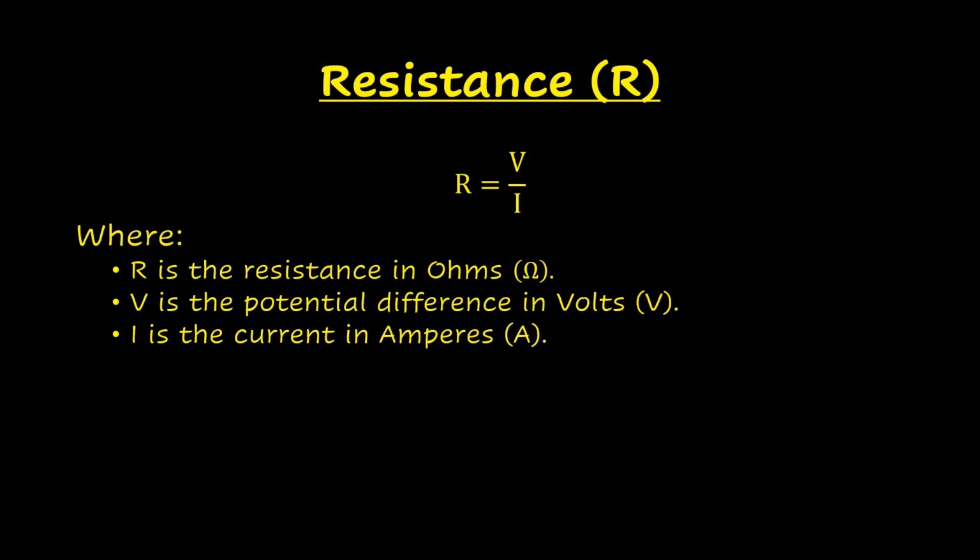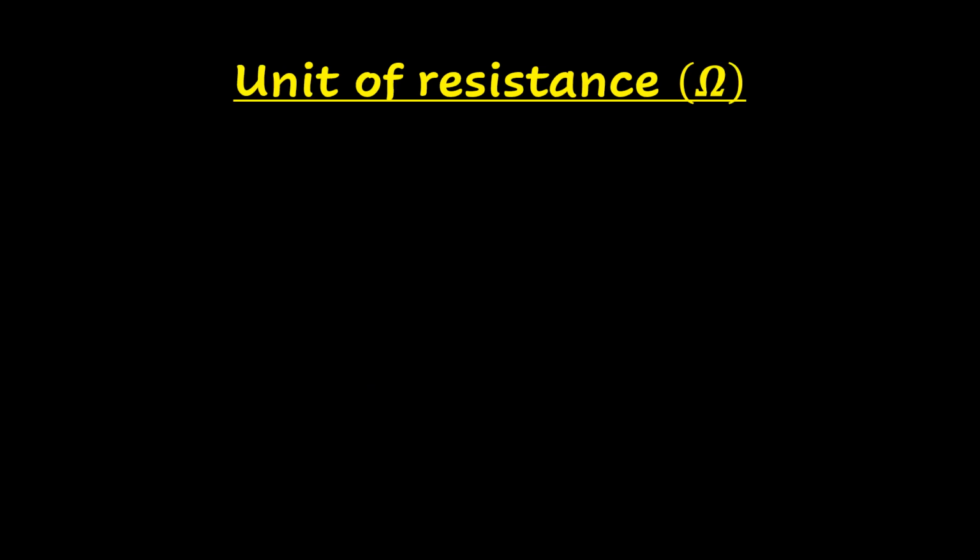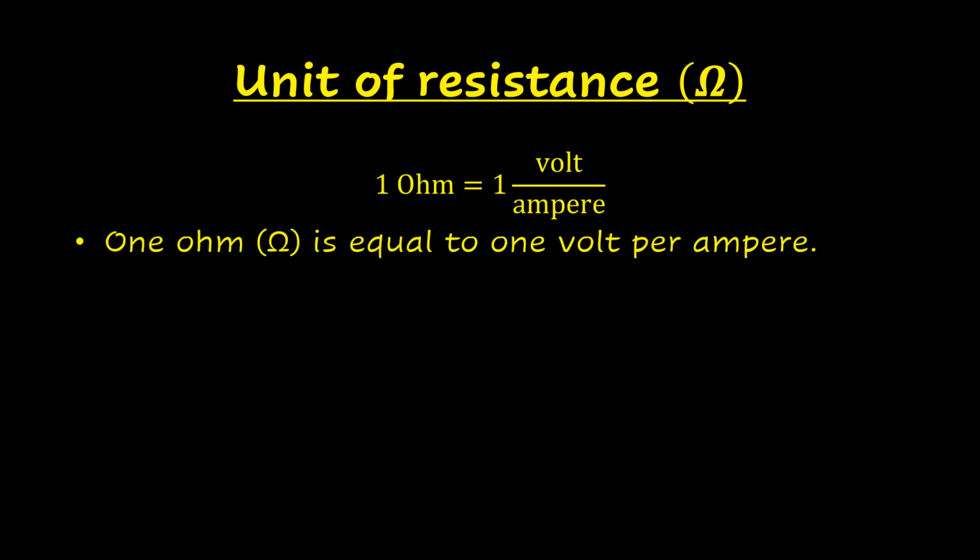This means you can also define the resistance of a resistor as the ratio of the potential difference across a resistor to the current in the resistor, V divided by I. We have said that the unit of resistance is an ohm, represented by the Greek letter omega. 1 ohm can be defined as 1 volt per ampere. So 1 ohm is equal to 1 volt per ampere.